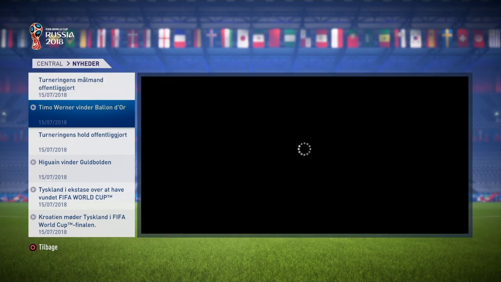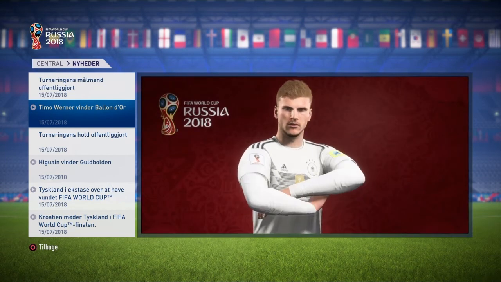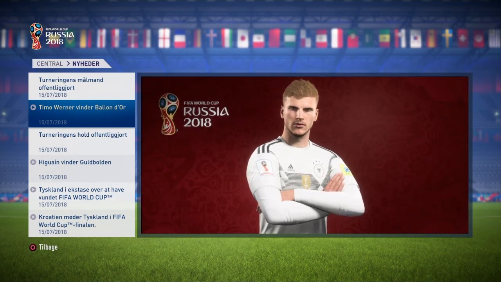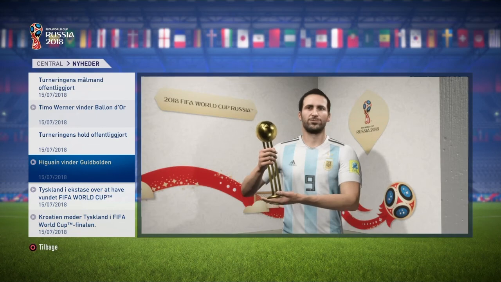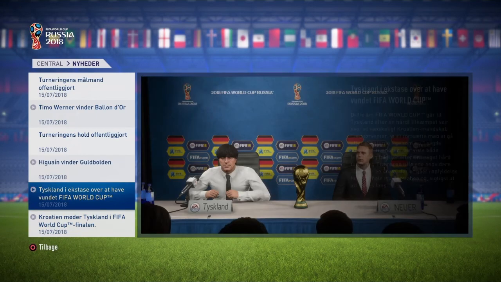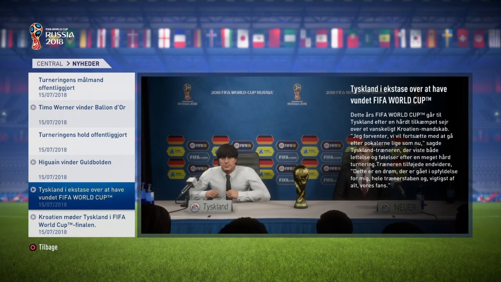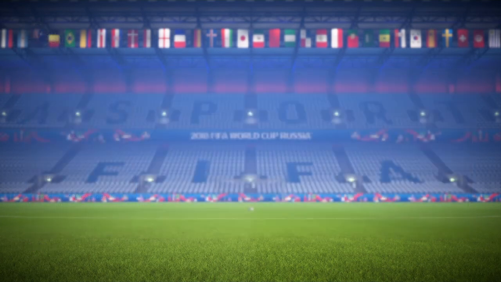Timo Werner wins the player of the tournament. I think it is, or is it the Golden Ball? Oh, it's not. It's the player of the tournament because Higuain wins the Golden Ball for most scored goals, and Germany are world champions.